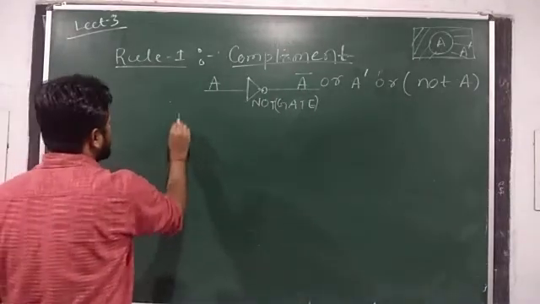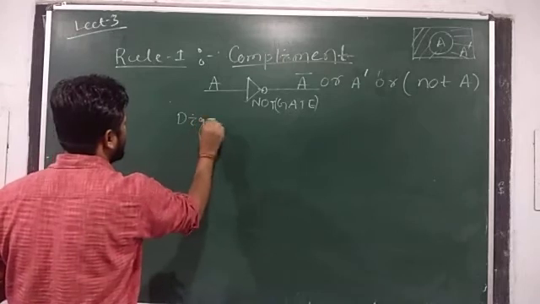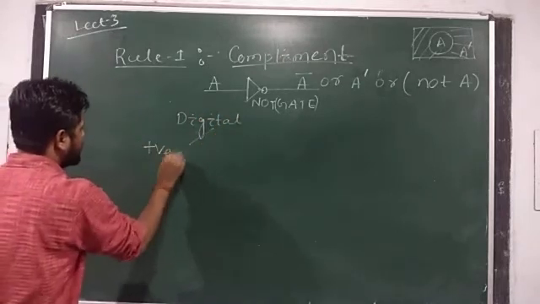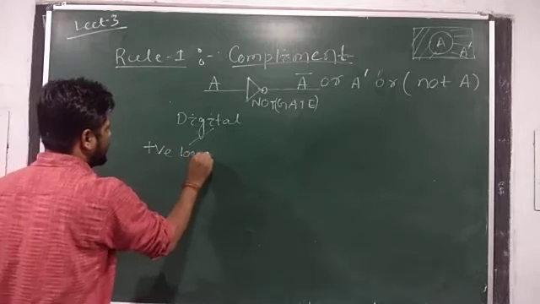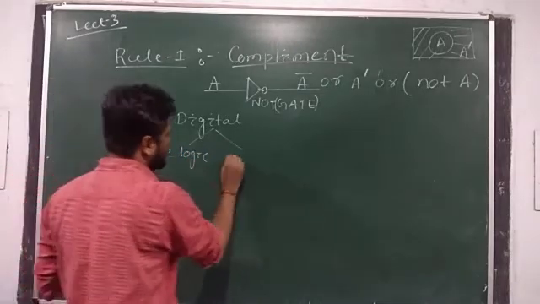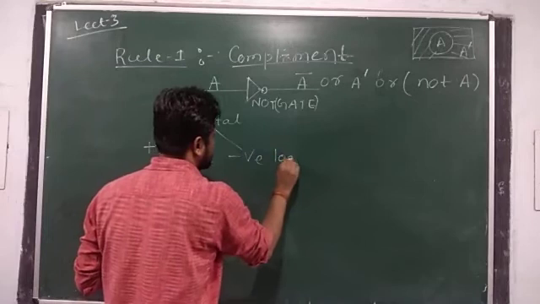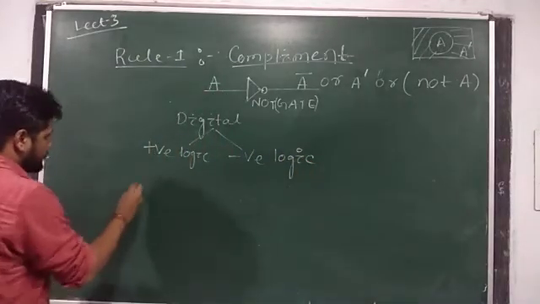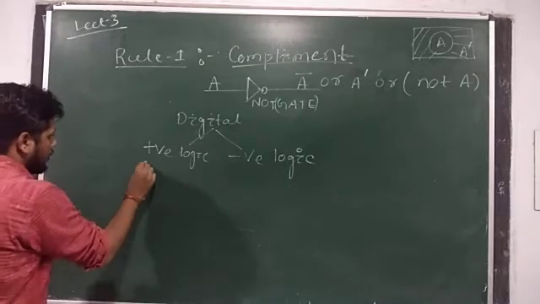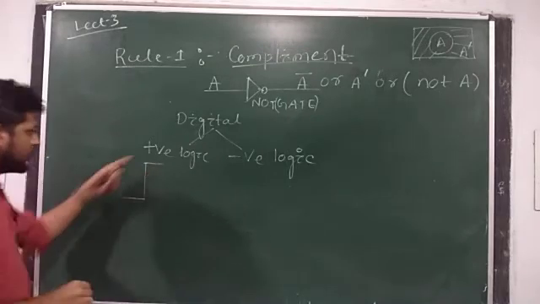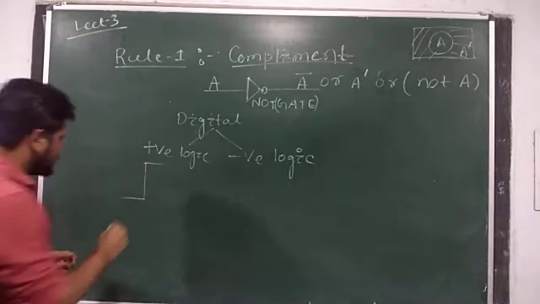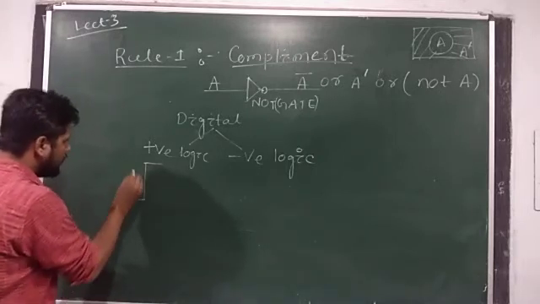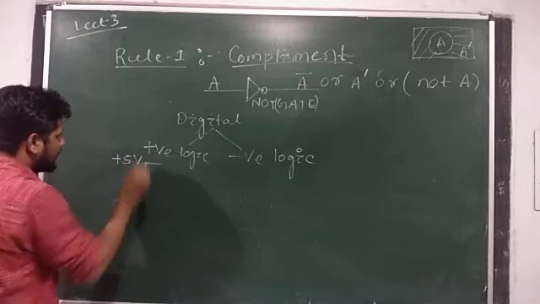In digital, we are going to consider two logics: one is positive logic and the other is negative logic. In positive logic, suppose you have two voltage levels, 0 volt and plus 5 volt.